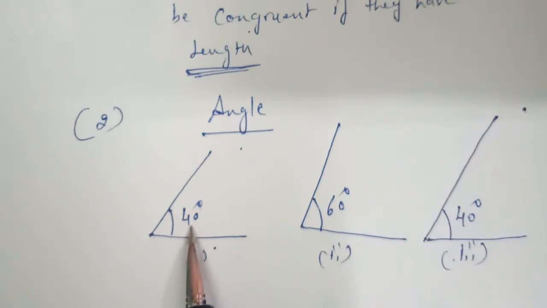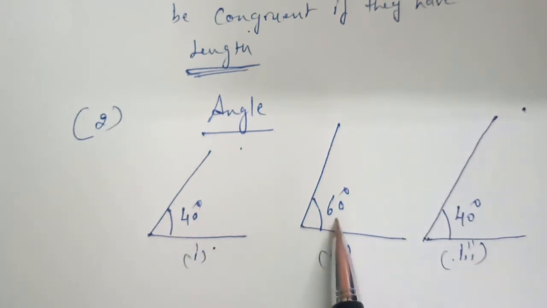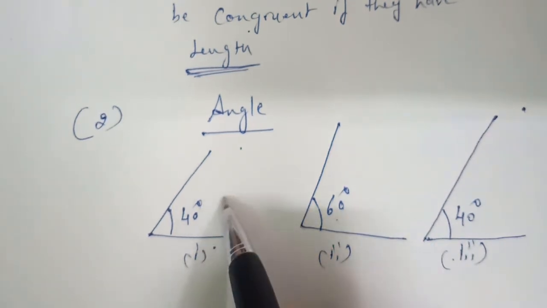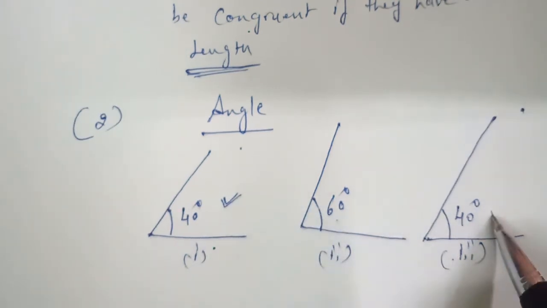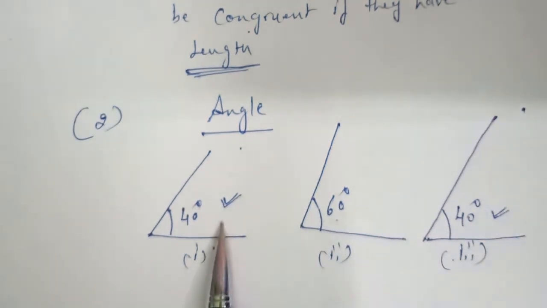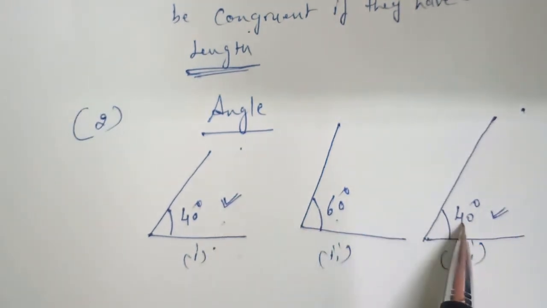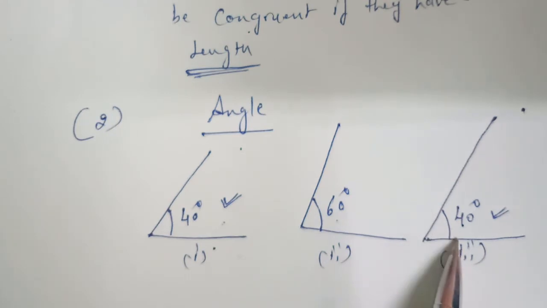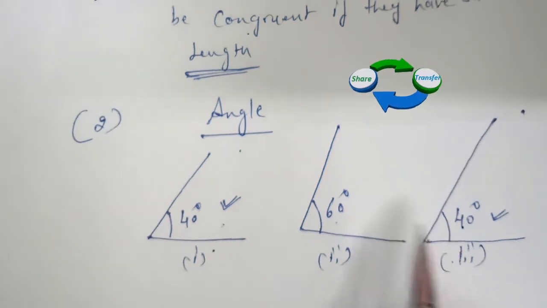So here the angle is 40 degree, in the second we have 60 degree and in the last the measure of angle is 40 degree. So the first and third figures have the same size, and the first and third angles will be called congruent.